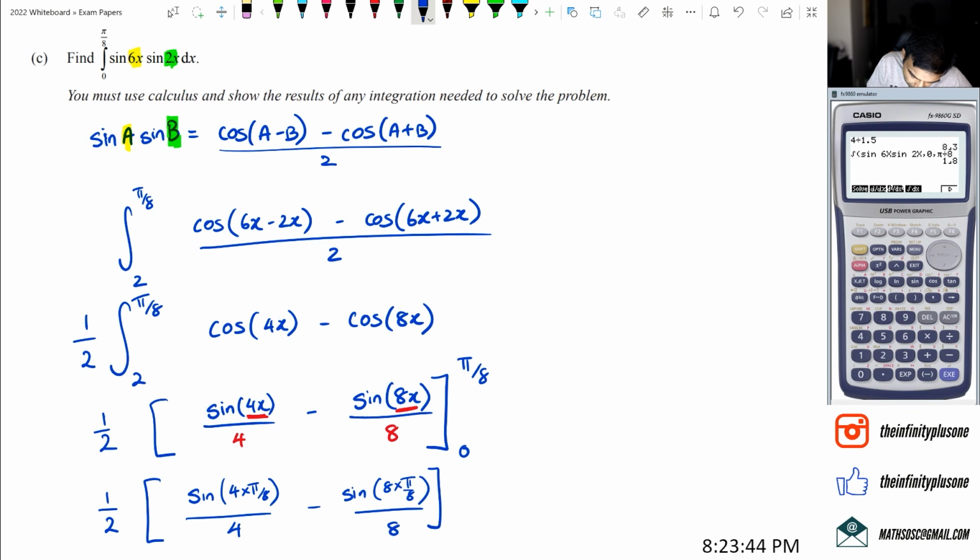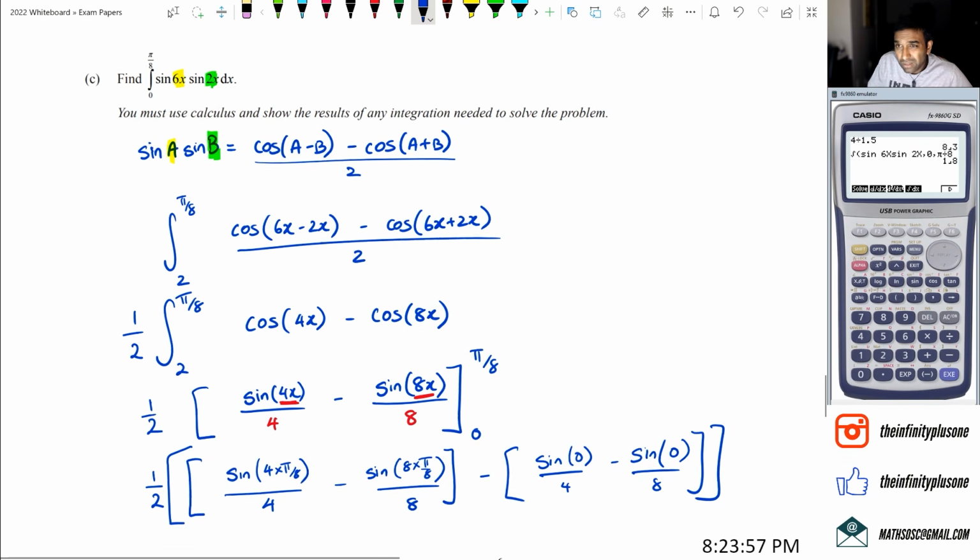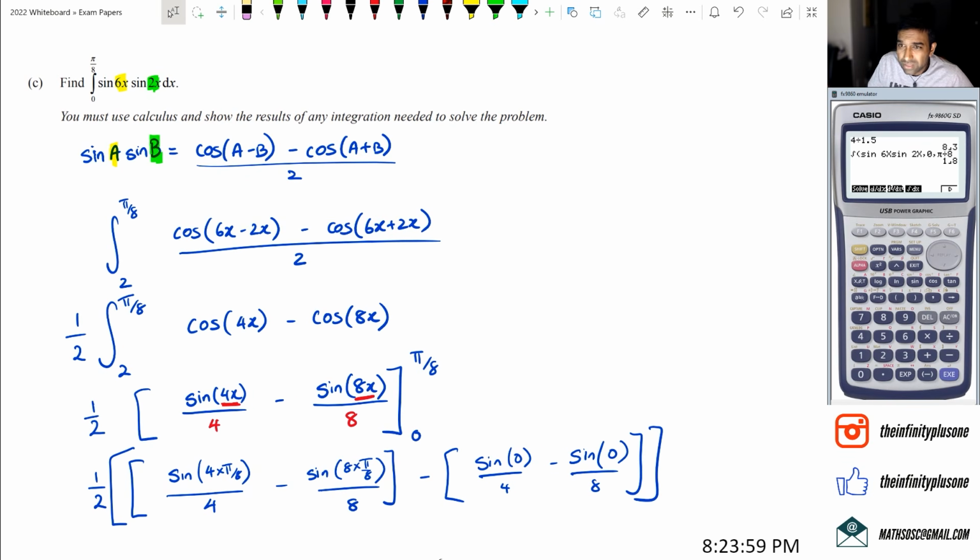And of course, I'm going to put this under double bracket, minus sine of 0 over 4 minus sine of 0 over 8. So I do that, but in reality, guys, I'm not going to actually put all of this in the calculator. Why? Because I know what the answer is. It's 1 over 8.